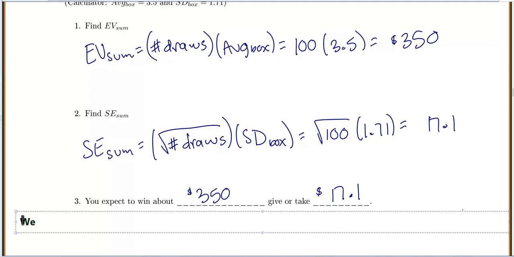So we could say then we expect to win about, so if we do 350 minus 17.1, it gives us $332.90 to, and then if we do 350 plus 17.1, it gives us $367.10. So it kind of gives us a range of likely values for how much we'll win.